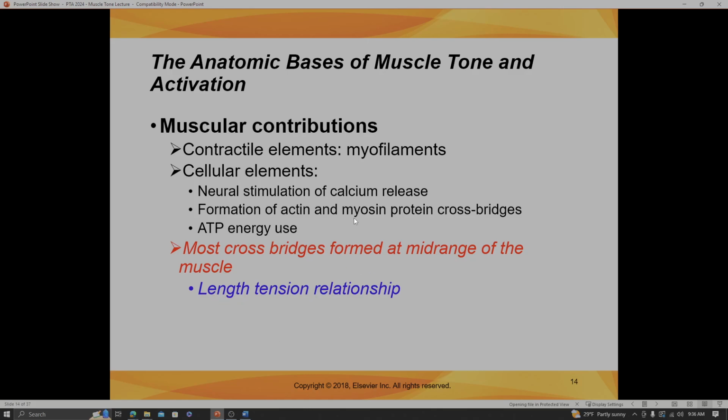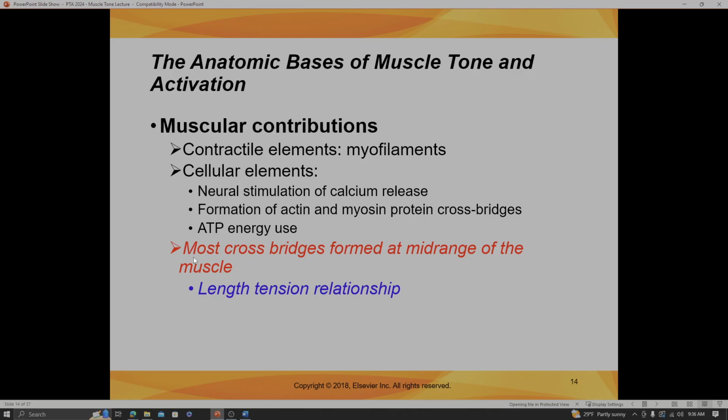This is going back through the anatomy. Refresh yourself on actin and myosin, the actin-myosin cross-bridge, the power stroke, and the length-tension relationship. Remember that most cross bridges are formed at the mid-range of the muscle. This is huge. This is our length-tension curve, right? This is the happy place of the muscle, right at the mid-range or optimal length, or just anywhere in the middle of the range.